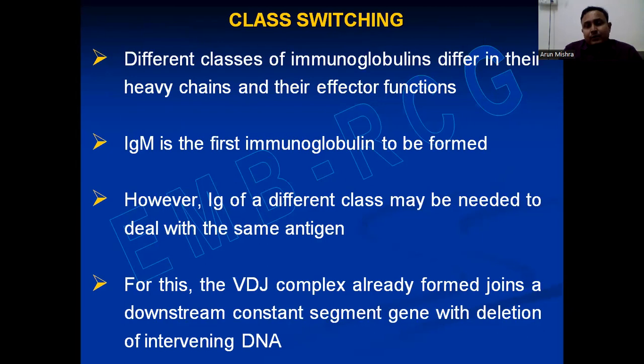Different classes of immunoglobulins differ in their heavy chains and their effector functions. IgM is the first immunoglobulin to be formed. However, an Ig of a different class may be needed to deal with the same antigen. For this, the VDJ complex already formed joins a downstream constant segment gene with deletion of intervening DNA.